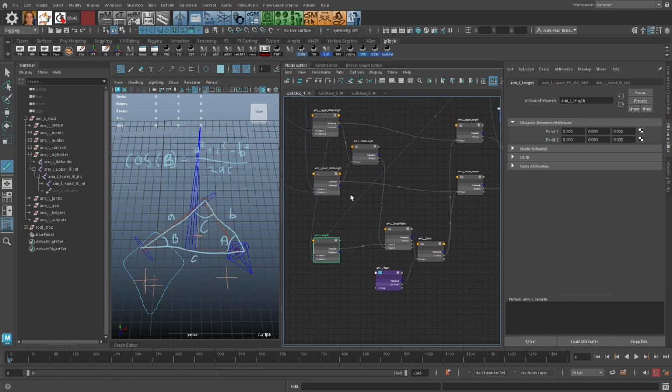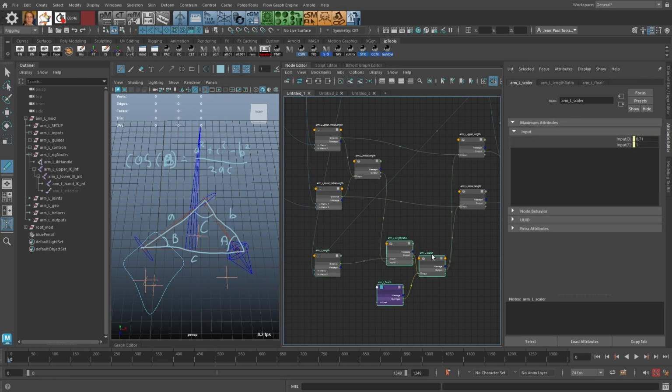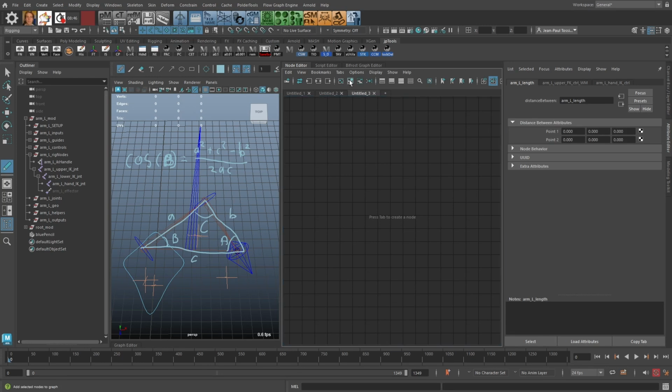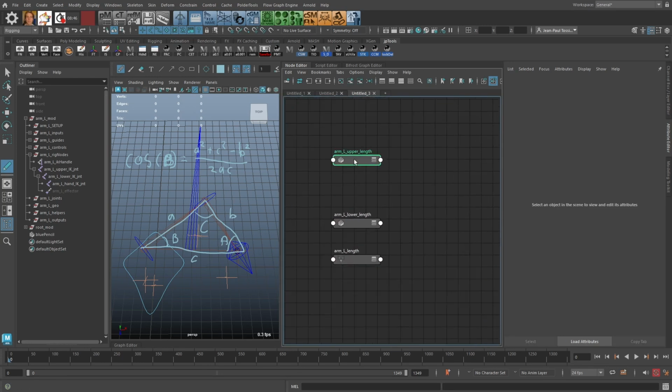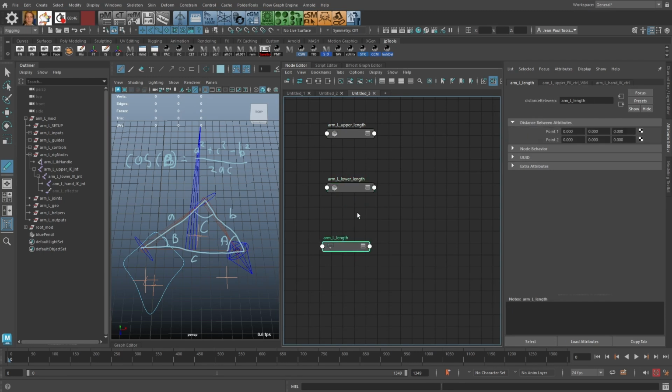The arm length is C, and the upper arm initial length is A and B, but we already set up the IK stretching, so we can just as well use the scaled upper and lower length because they only scale when the arm is actually longer than the base length. So we take the arm length and the upper and lower length. We add them to the graph. So this is A, this is B, and this is C.